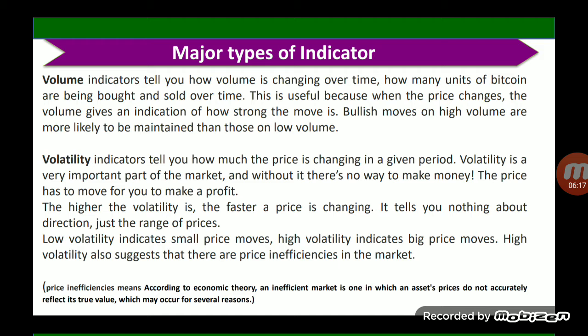And the last category is volatility. Volatility indicators tell you how much the price is changing in a given period. Volatility is a very important part of the market, and without it there is no way to make money. The price has to move for you to make a profit.